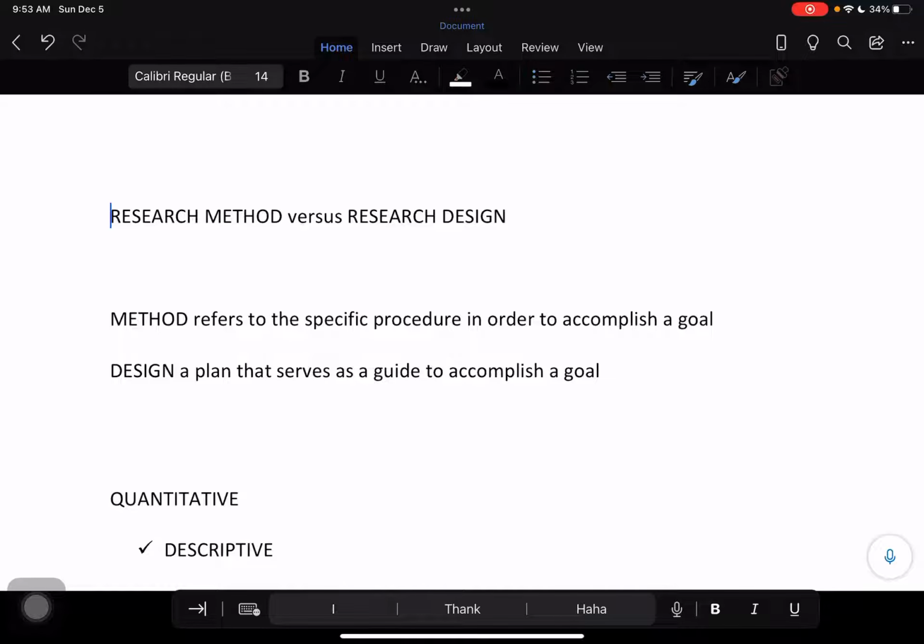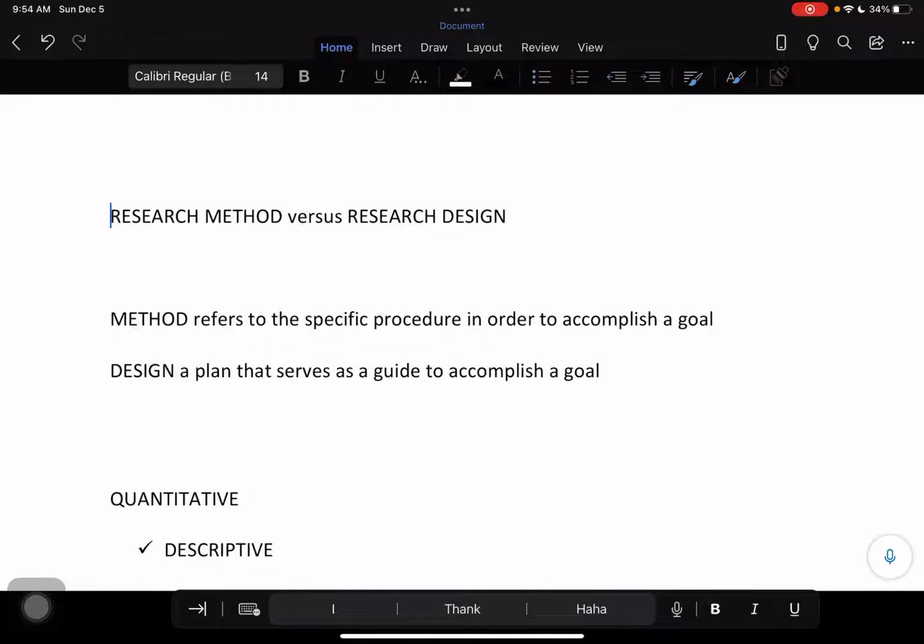Okay, this is what we mean by method. This has already been utilized over and over again by the scientific community and the research community in order to conduct research. Okay, it is a set of procedures used by and accepted by these communities.